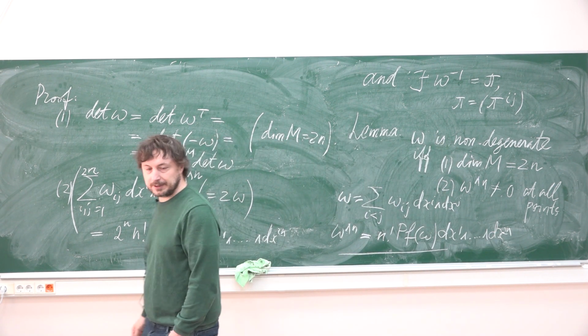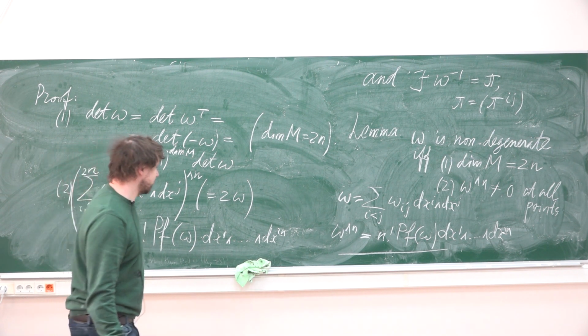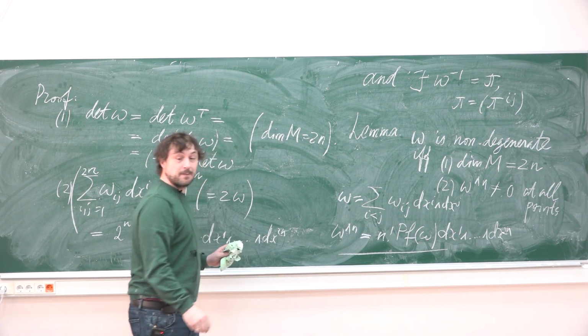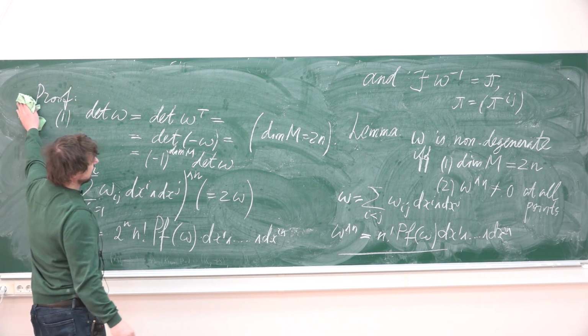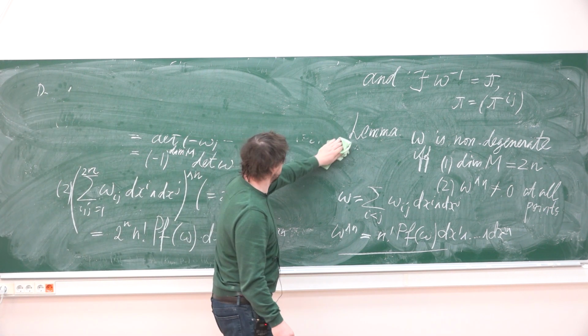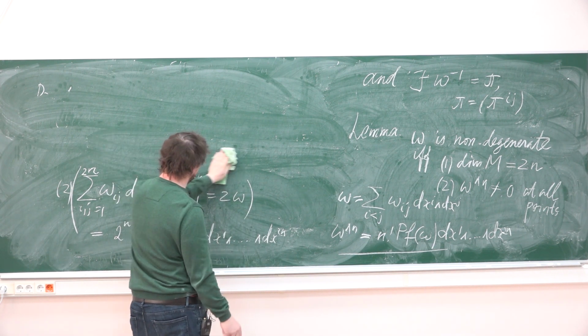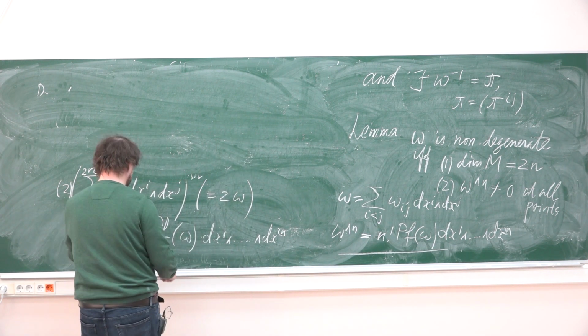Oh, very good question. Okay, there are two ways to write down the Pfaffian. I can give you an explicit expression for the Pfaffian, which is actually derived from this formula.